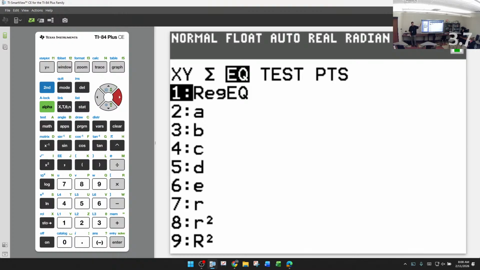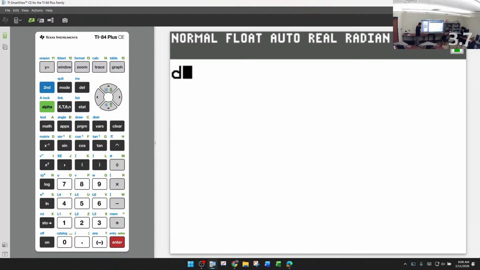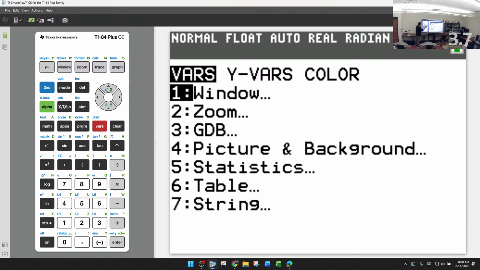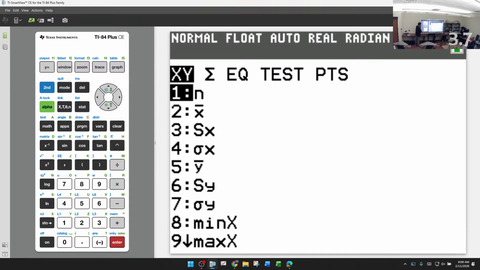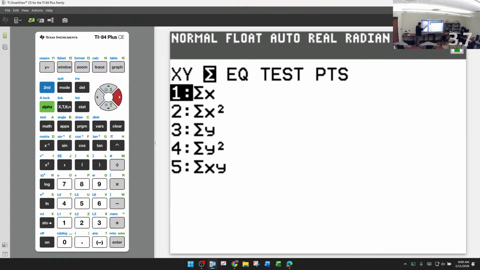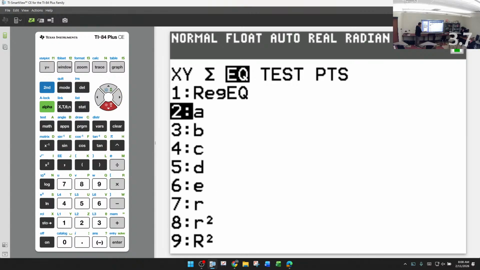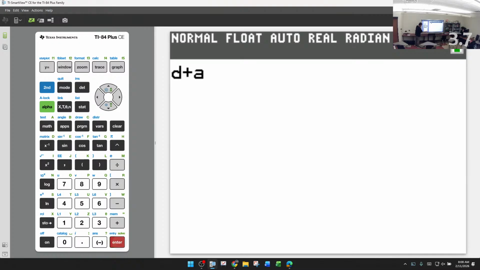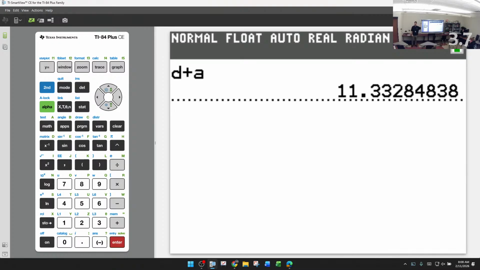If you got really desperate, you could do D plus A. That's under VARs, and you go down to statistics, and over to the equation, EQ, and there's A.